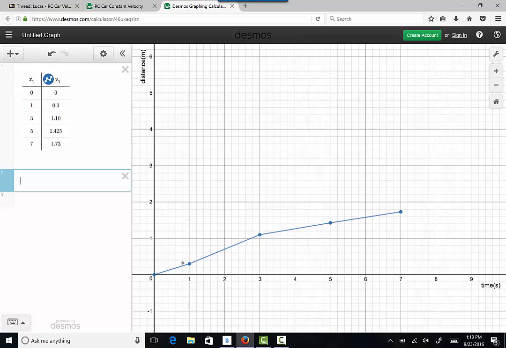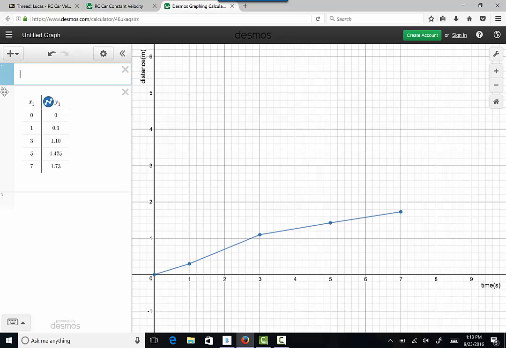And to do that, let me get rid of that too. You simply click up here to the plus, and you say, I want to add an expression, and that gives us the option to add it up here. We know that the equation of a straight line is y equals mx plus b, so I want to tell the computer to do that.